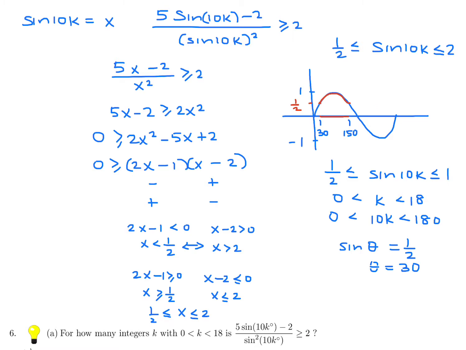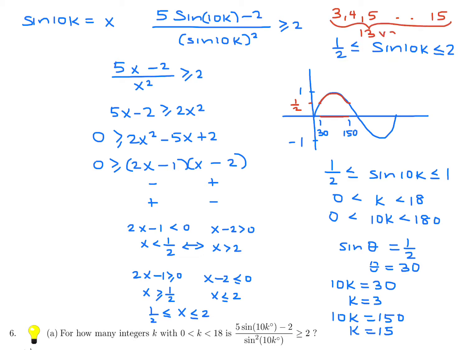Okay, so that means my 10k starts when 10k is 30, so that means it starts when k is 3, and it ends when 10k is 150, so when k is 15. So all the values from 3 to 15 are going to be solutions. So how many are those? Well, 3, 4, 5, all the way until 15, and I believe that's 13 values, right? 13 values. So that's the answer.